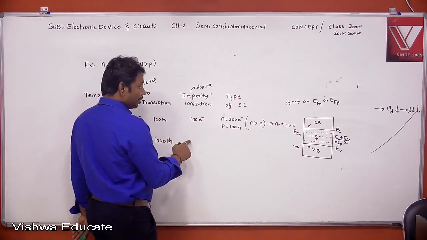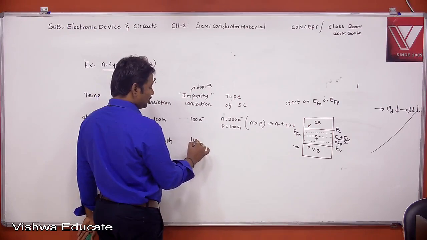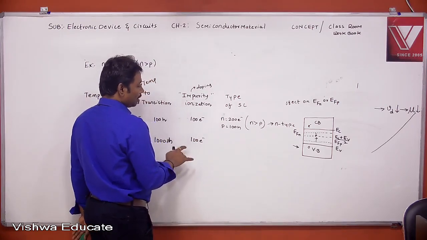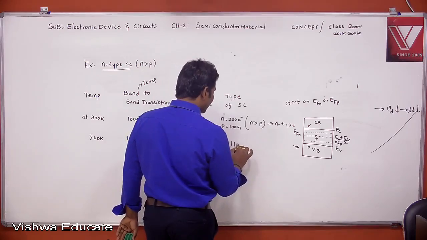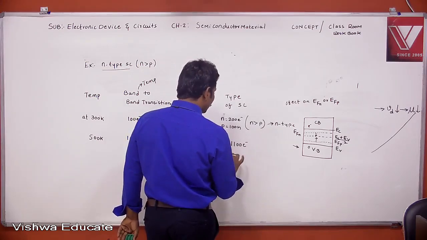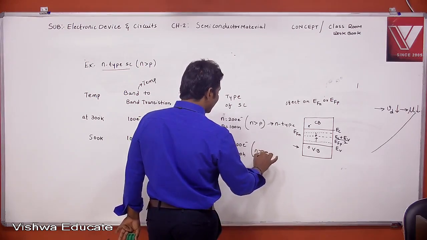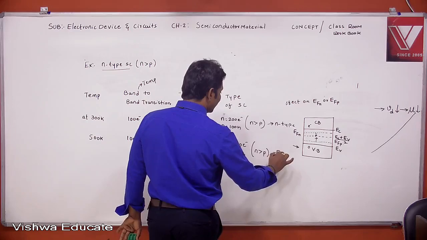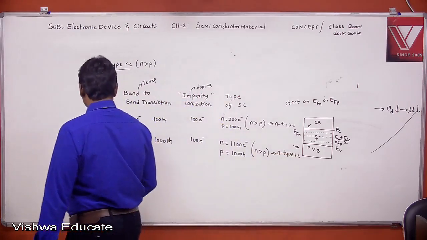What about impurity ionization? 500 does not affect it, that means 100 electrons only, right? Now what is the total number of electrons? Now n equal to 1100 electrons and the holes equal to 1000 holes. Again clearly n greater than p. N greater than p means it is an n-type semiconductor, right?